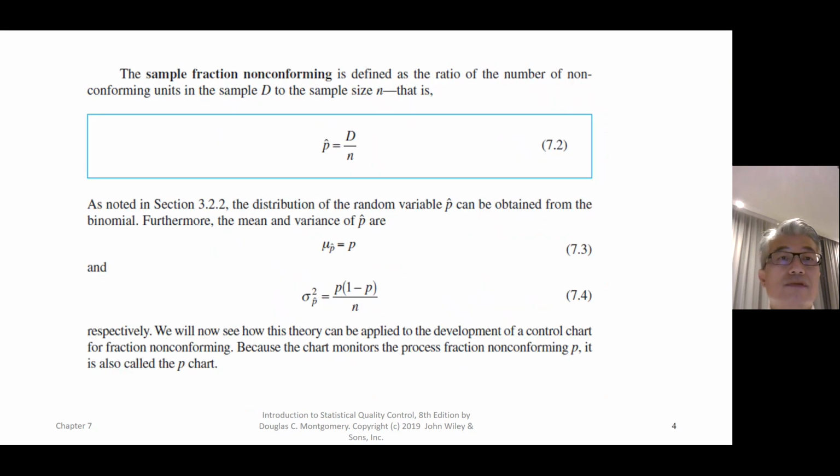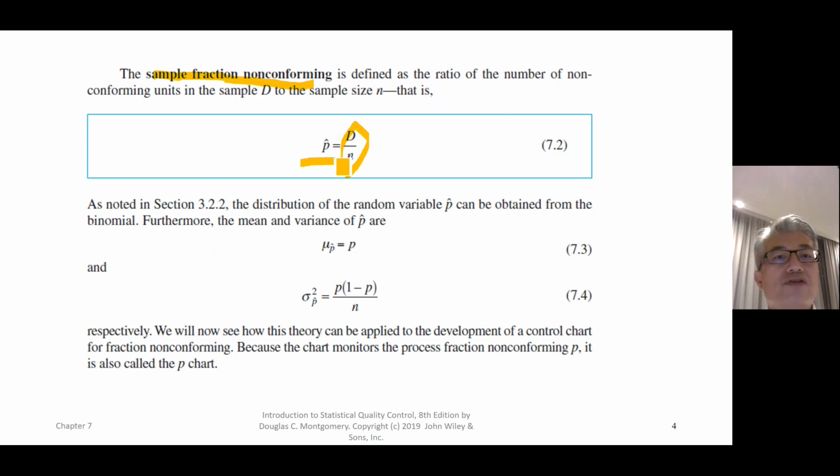The sample fraction non-conforming is defined as the ratio of the number of non-conforming units in the sample, D, to the sample size n. So we compute the ratio D over n as the estimate of p, denoted p hat.